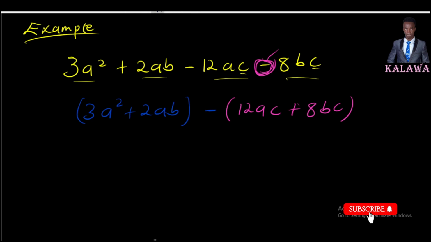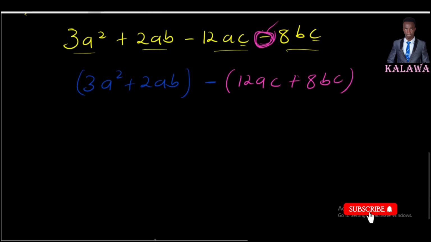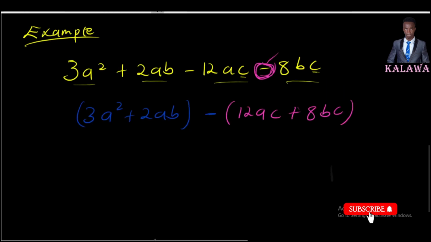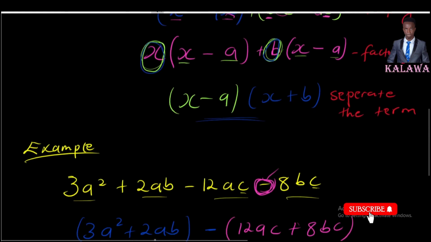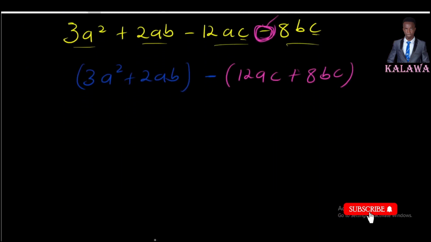So we proceed. After we are done grouping, what next? Can anyone remember? After we are done grouping, follow the step we want to factorize. So this is the first step. We say we group, or I can call it collect like terms.